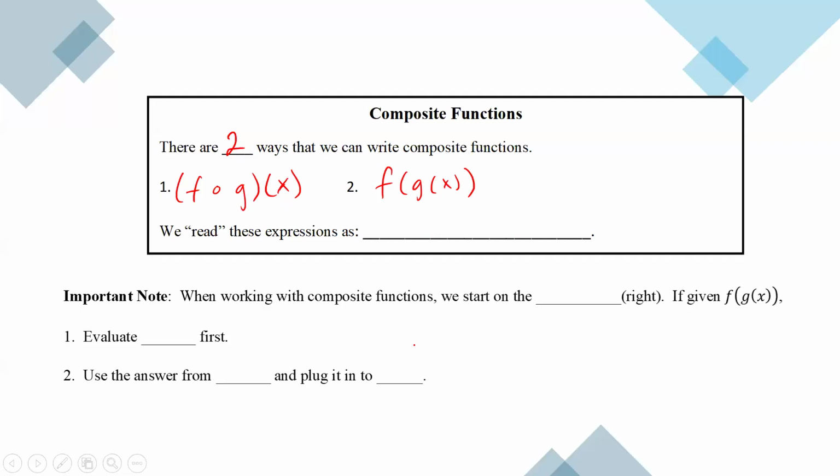So either f composed of g of x or f of g of x. We read these expressions as f of x composed of g of x.